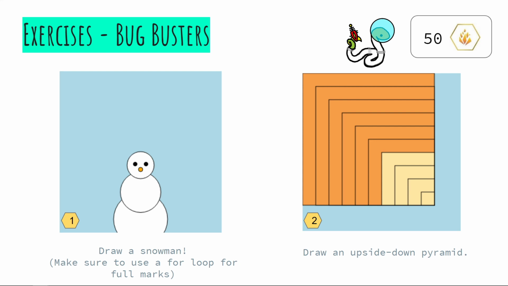So we have no more content for you today, so we're going to go into the exercises for you guys to work on. For the Bug Busters exercises, the first one is draw a snowman, and we would like you to use a for loop for that. The second exercise is to draw an upside down pyramid, as you can see there.